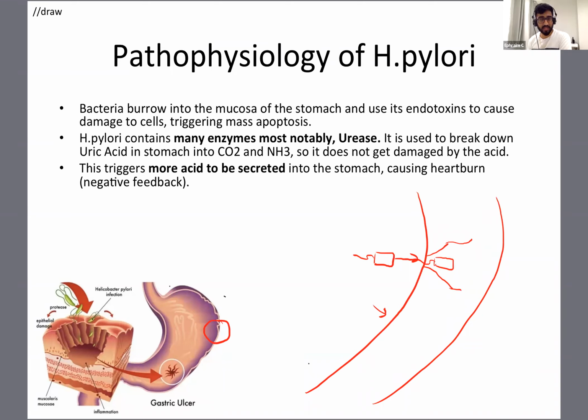The second thing H. pylori is going to do is release loads of enzymes. One of the most notable enzymes it releases is called urease. Remember, all enzymes end in ASE. Urease, by definition, is an enzyme breaking down urea. The function of this urease enzyme is to make the conditions in the stomach more favorable to the survival of this bacteria.